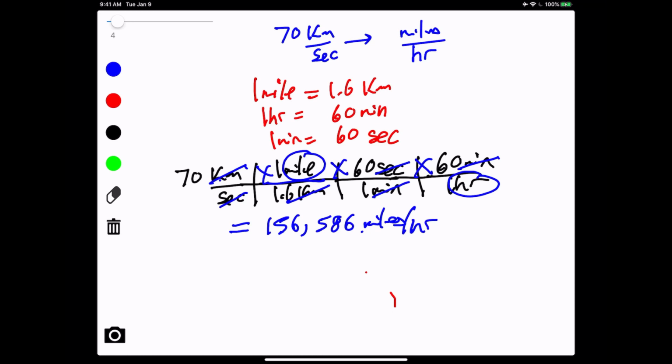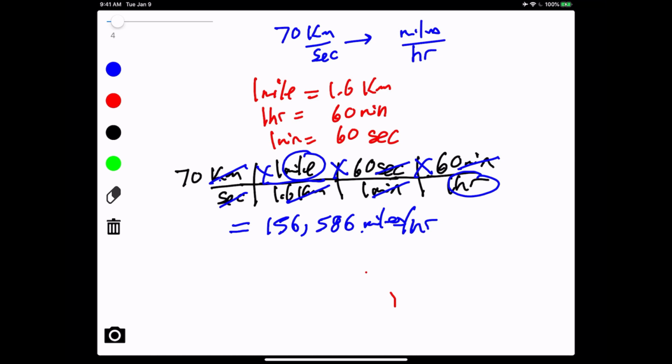Now, this might not look like it makes sense, but it actually does. 70 kilometers per second means that every second of time you travel, you have gone 70 kilometers. That's a lot. If you were to convert those 70 kilometers into miles, you would multiply 70 times 0.6 and you get 42. So if that makes more sense to you, 70 kilometers per second is also 42 miles per second. And again, that's still a lot of distance in a very short amount of time.